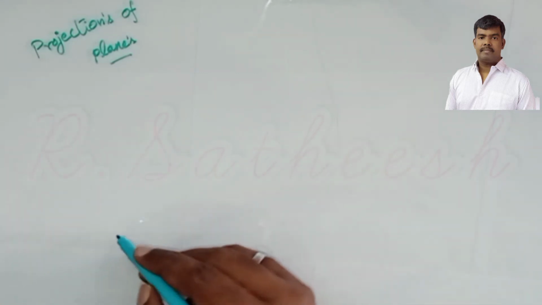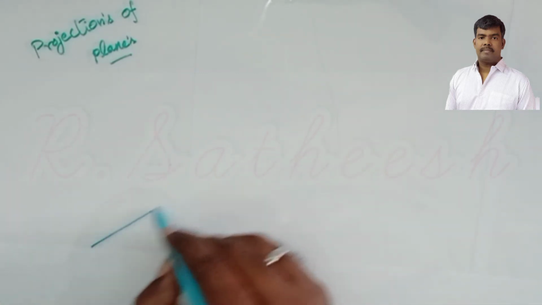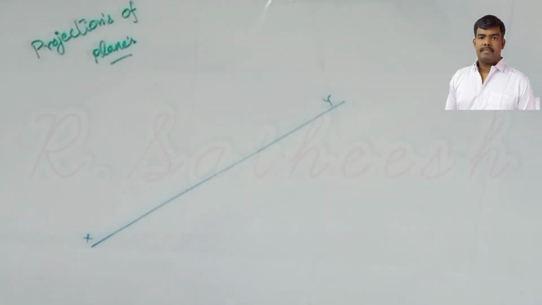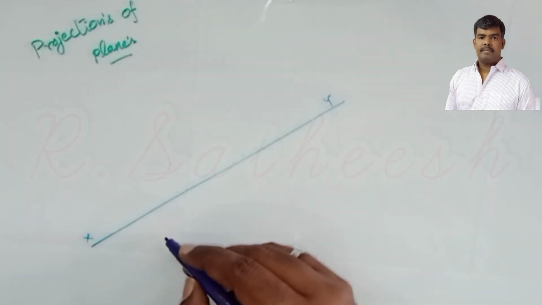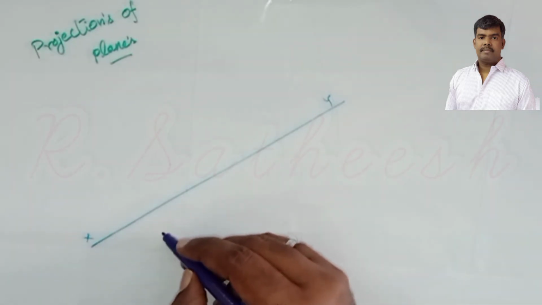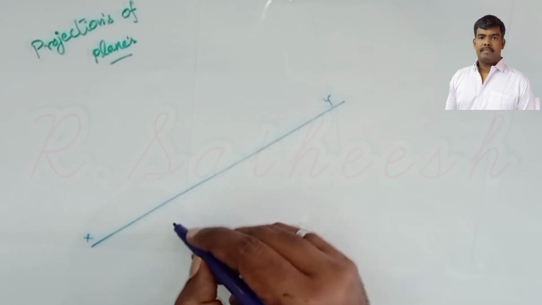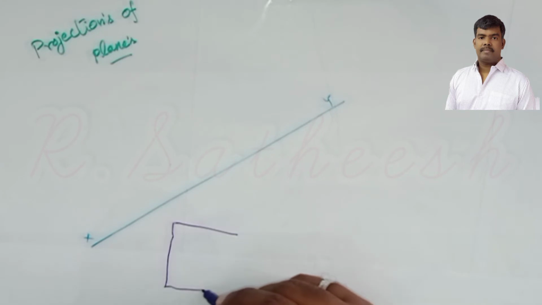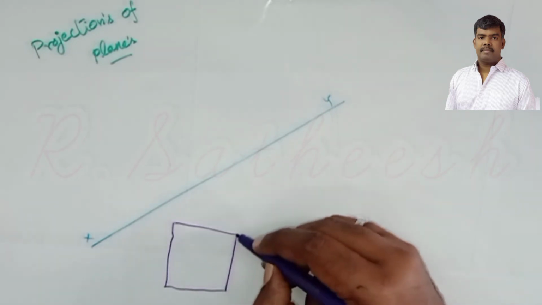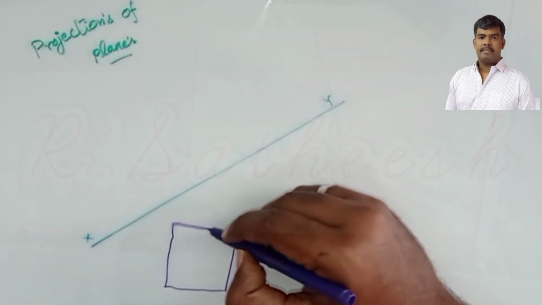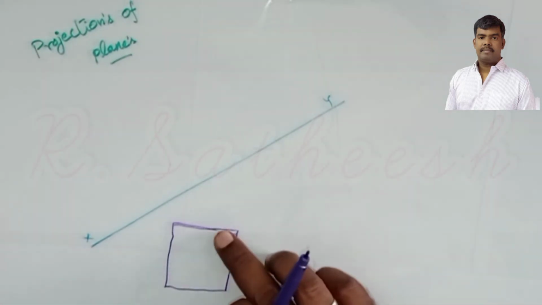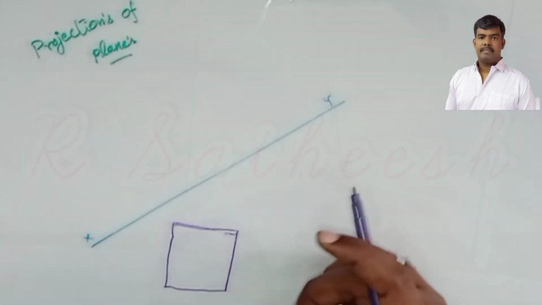So first you draw one XY reference line. Then you draw the top view equally inclined. From XY you draw a 45 degree line, the same 45 degree line, then we get a square. Right, it is a square.